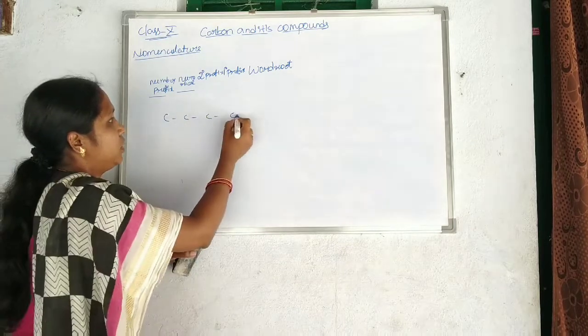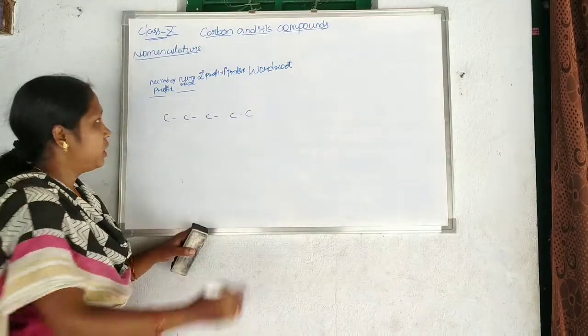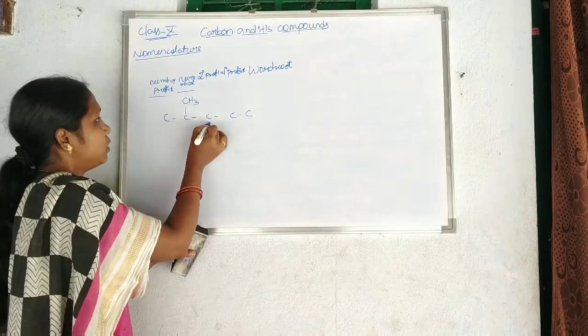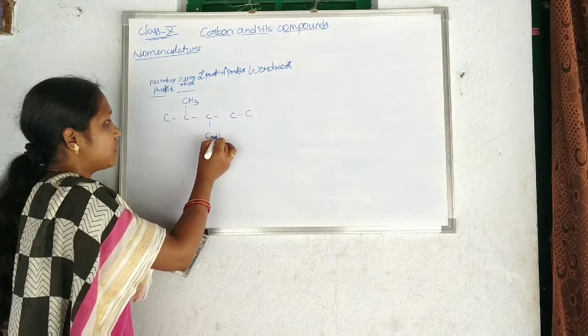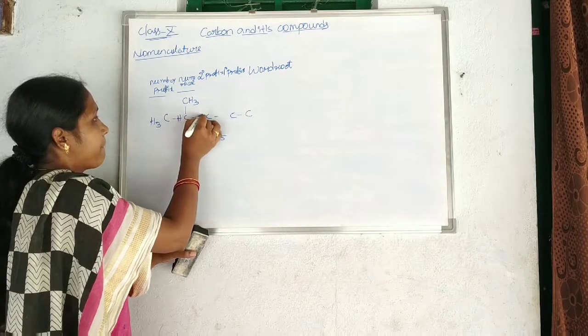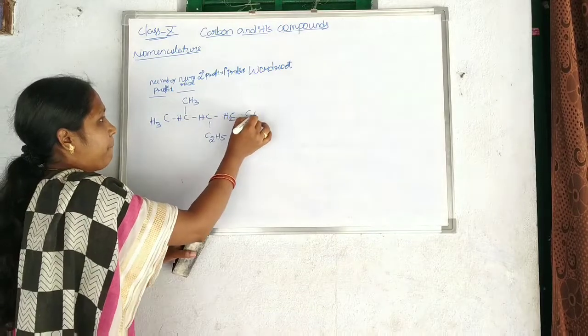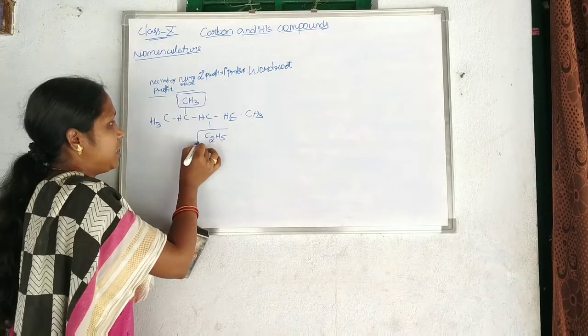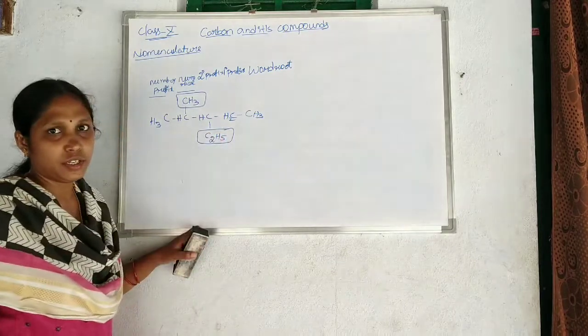Here, this is a carbon molecule. It has two different substituents: one is a methyl substituent and another one is an ethyl substituent.